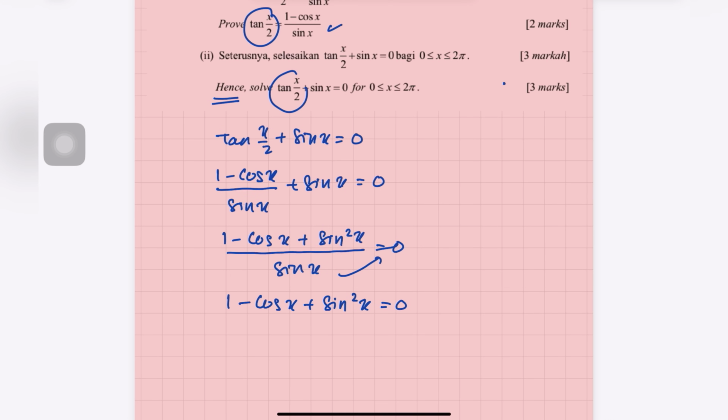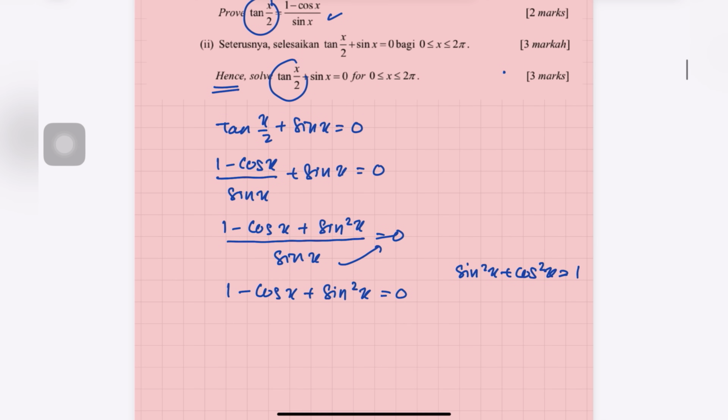So we have the basic identity sin squared x plus cos squared x equals 1, right. Okay, so we substitute, sin squared x is 1 minus cos squared x. So this one is 1 minus cos x plus 1 minus cos squared x equals 0.